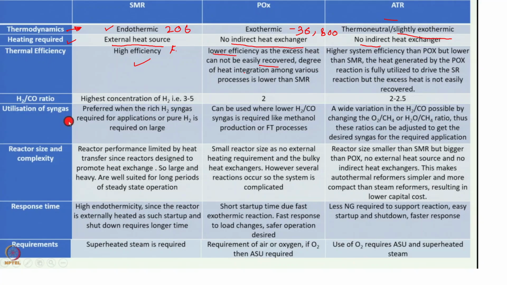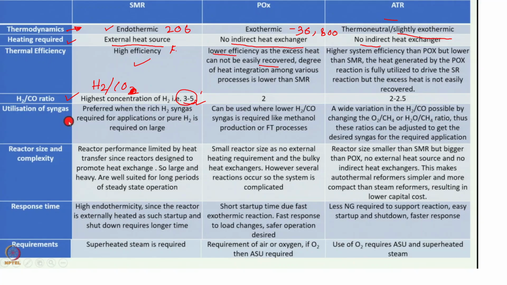Okay, one thing is also important here: the hydrogen gas to carbon monoxide ratio. This is very important. The higher hydrogen to carbon monoxide ratio, 3 to 5 for the SMR reaction, is very high.